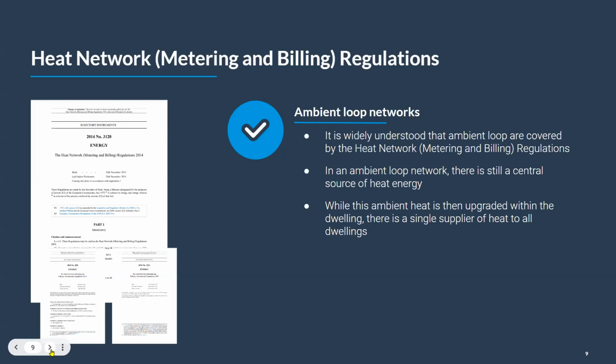While that ambient heat is then upgraded within the dwelling, there is ultimately a single supplier of heat to all dwellings. So the key takeaway here is that no new heat is produced in the dwelling. The temperature is only upgraded. So all of the heat in that system is ultimately coming back from that central source. Given that, it's widely understood that this type of network is covered by the heat network metering and billing regulations.